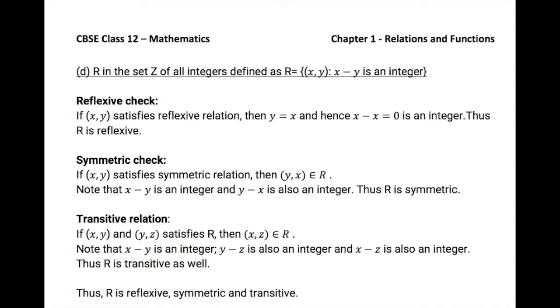Now let us go for the next question. Here the set is defined as the set of all integers, denoted by the letter Z, and the relation is defined as x minus y is an integer.